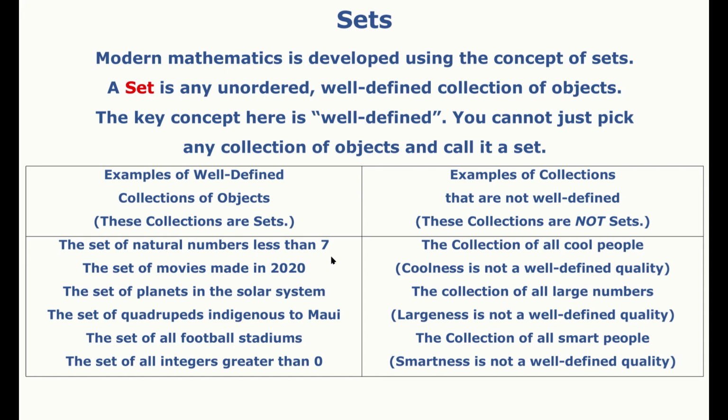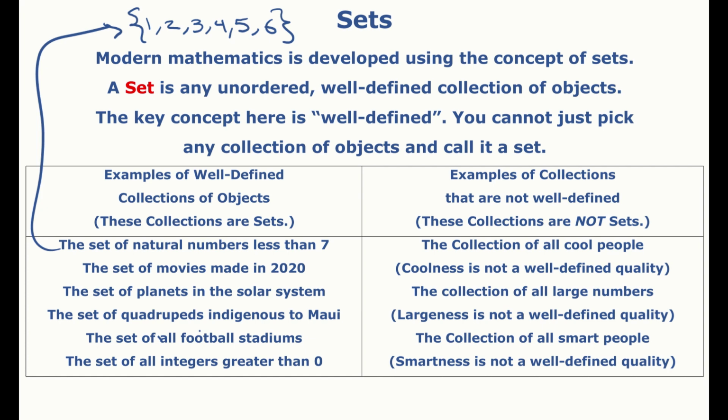So in other words, we could actually write this set as the set containing 1, 2, 3, 4, 5, and 6. So this first set can also be described in that way. All right, and we call it finite because obviously it has a finite number of elements.